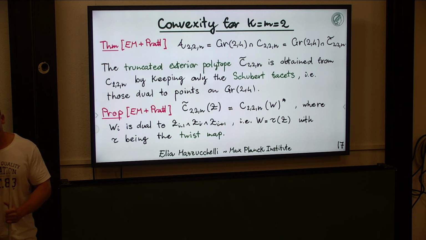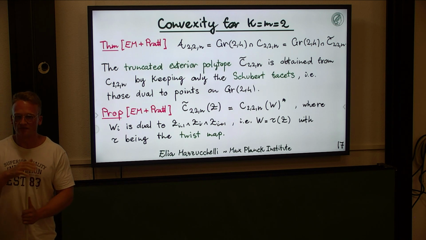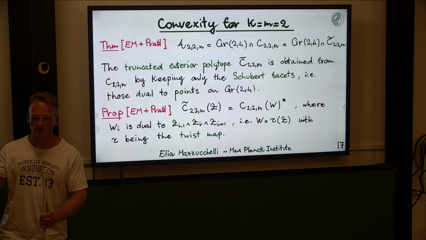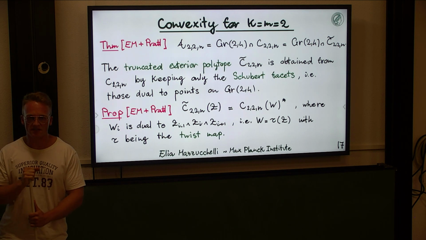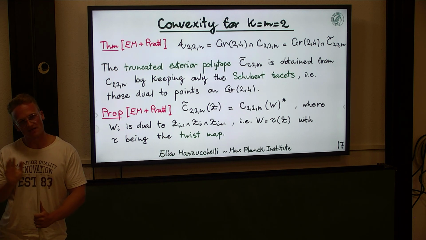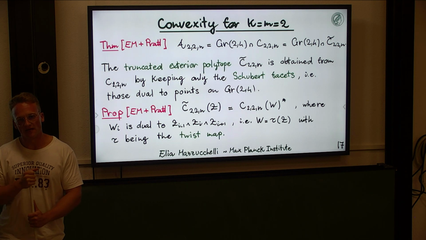For m equals 4, because the algebraic boundary is believed to be the vanishing of ⟨i i+1 j j+1⟩, it seems very plausible that one can show it very similarly. There are just some technicalities that I mentioned that are missing. For m equals 6, I don't know, it seems that it starts getting a bit wilder.